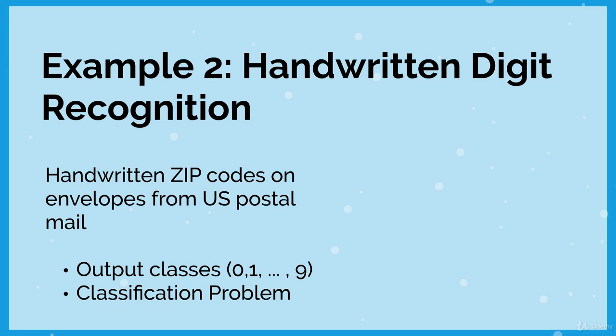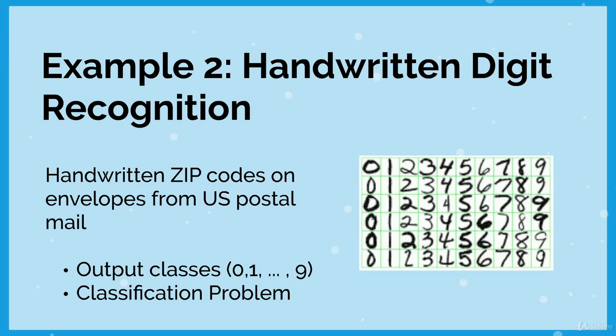Even though it's technically a numerical output here, it's actually just a class because it's the 0 class, 1 class, 2 class, all the way up to 9. For this scenario, we had an input of a 16 by 16 matrix of pixel intensities ranging from 0 to 255 in an 8-bit grayscale image. So on the right here, you see each number. One of these little boxes would be considered the input.